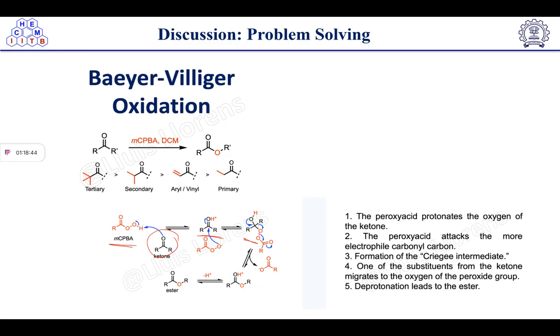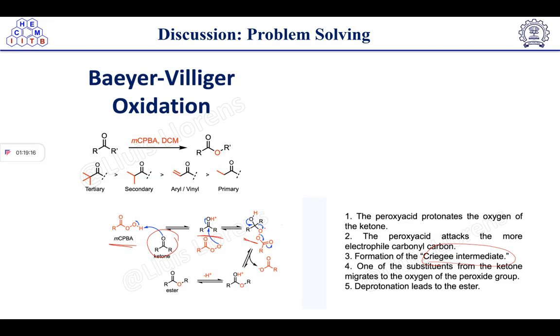This intermediate is known as a Criegee intermediate. Okay, Criegee intermediate. Then after this, one of the substituents from the ketone migrates to the oxygen of the peroxide group.